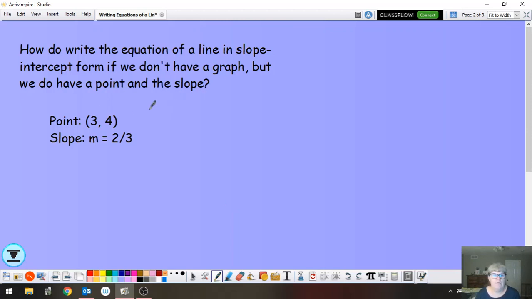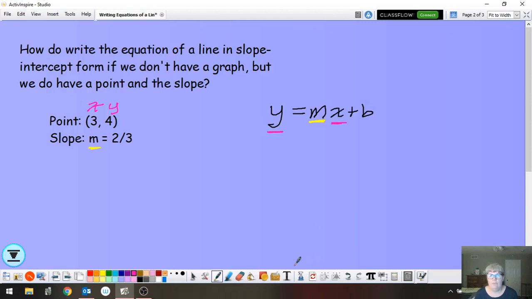So when we have a point and we have a slope, and we know we're writing this in slope-intercept form, let's take a look at this. We have the equation y equals mx plus b, and let's look at the information we have. Well, we know we have m. We have m here, and we have m here, and we have our point, which has an x and a y, but we also have x and y in our equation.